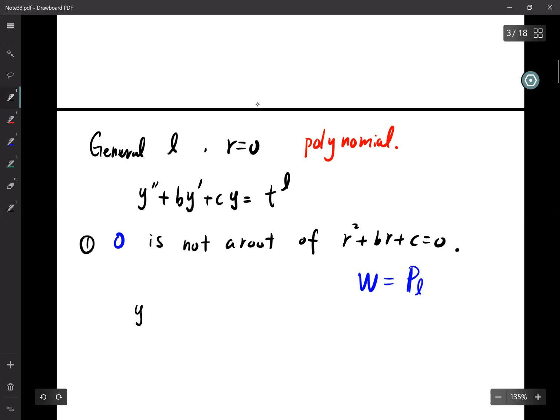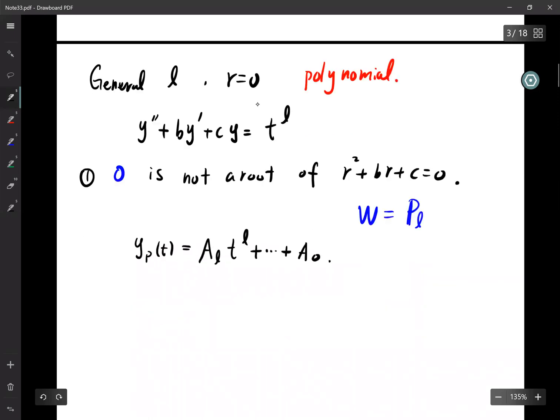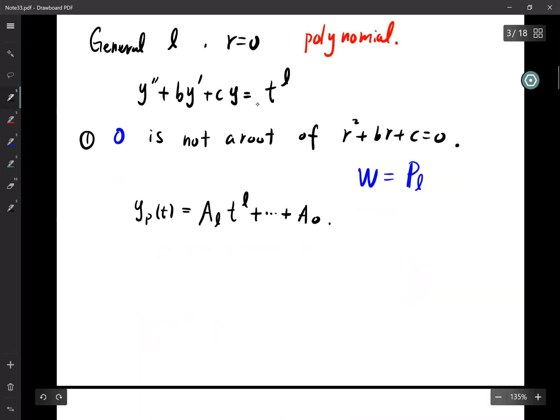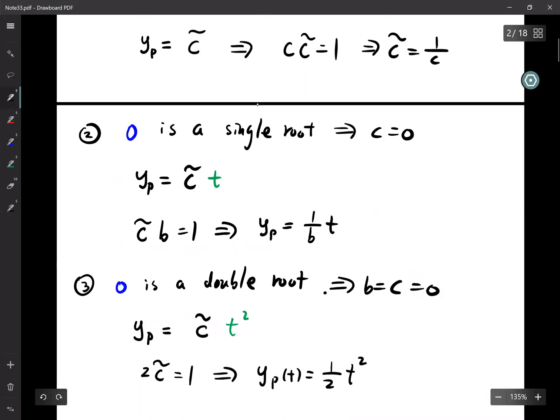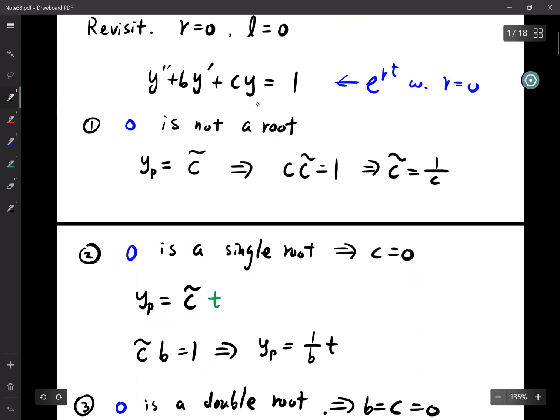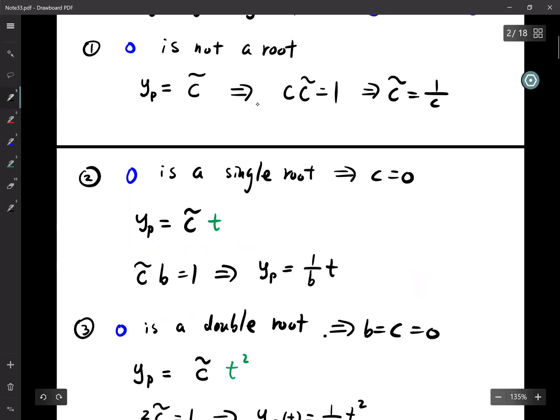And so Y_p(t) is A_L t^L plus and so on down to A0. You plug in and you should be able to solve the equation. This is just the generalization of the case when L equals 0 and you just have A0.